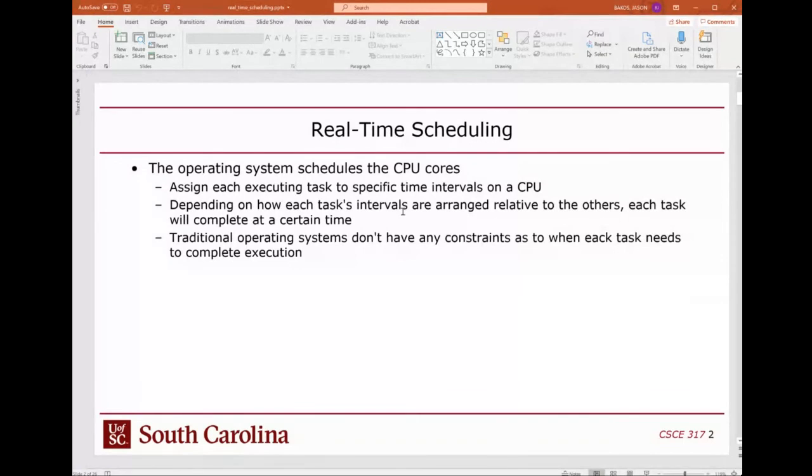And depending on how the operating system arranges the time intervals that each task gets to run on the CPU, each task will complete at certain times.